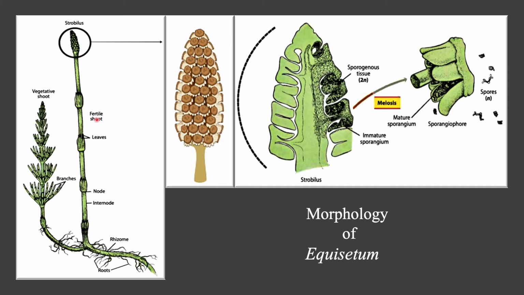The leaves are reduced to scales and arranged into whorls at each node. Sporangia are closely packed to form a terminal cone or strobilus.